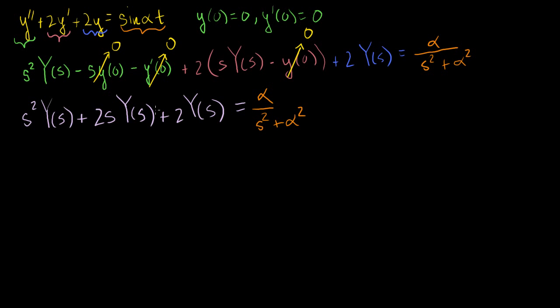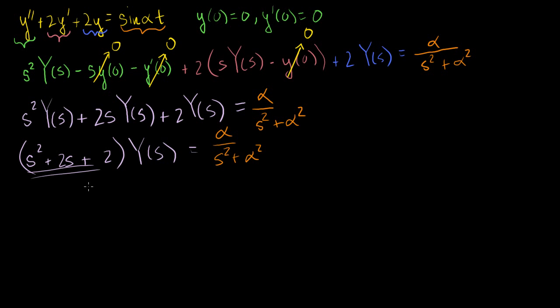Now let's factor out the Y of s, the Laplace transform of y. And so we get s squared plus 2s plus 2, all of that times Y of s, is equal to alpha over s squared plus alpha squared. Now we can divide both sides of this equation by that.